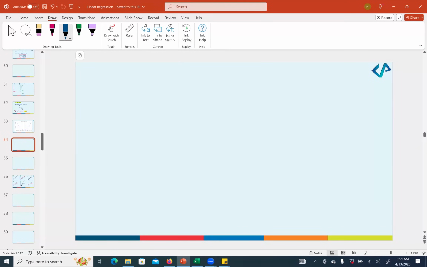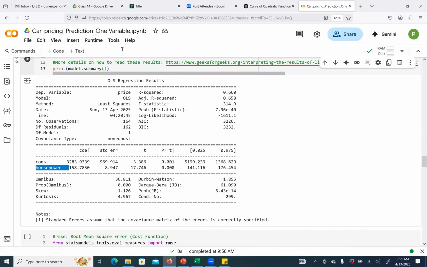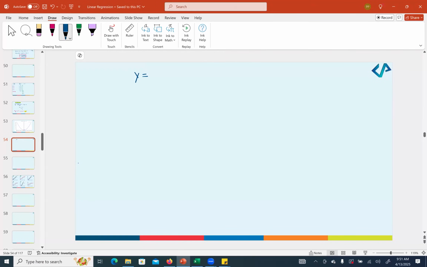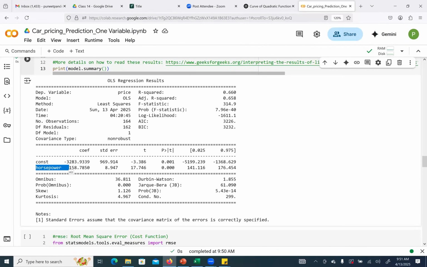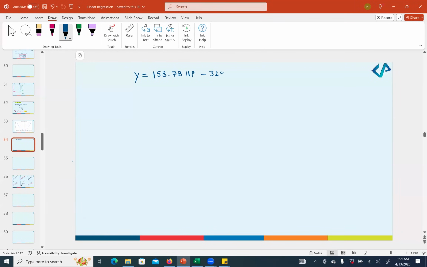it will be y is equal to 158.78 horsepower plus minus 3283 multiplied by constant.